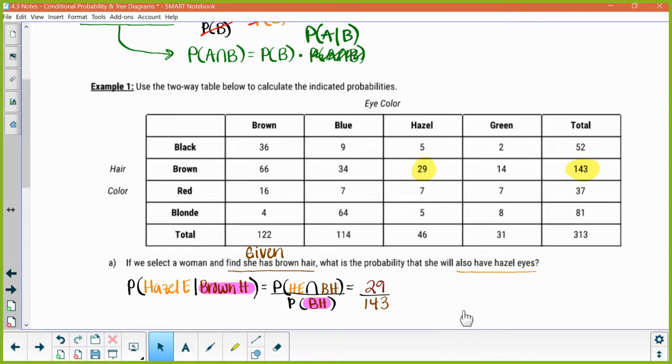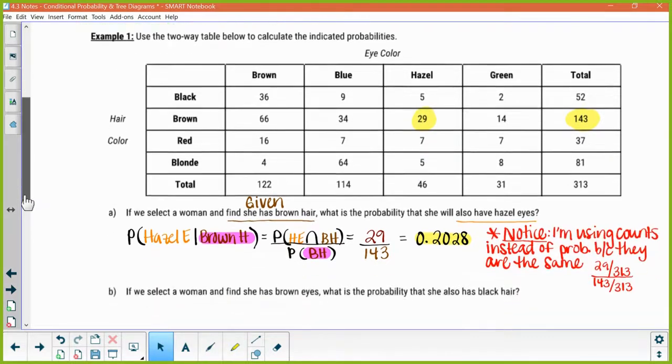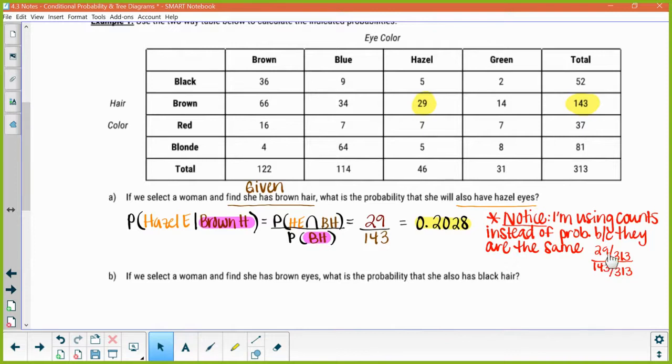If I plug that into my calculator, I get 0.2028 as my answer. And you may notice that I used counts rather than probabilities. Well, that's because they are the same. So if I were to turn this into probabilities, I would get 29 over 313 over 143 over 313.